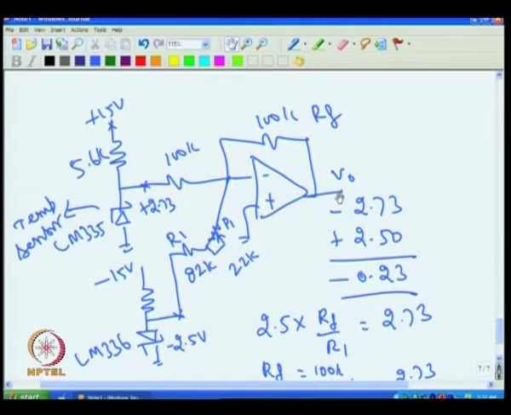Similarly, the other problem comes that when temperature goes to 100 degree C, then you may not get 3.73 exactly, it can have an error. Suppose it goes only to 3.72, then at 100 degree C, I will not get 1 volt, I will get only 0.99 volt, because the difference, the 10 millivolt, will be lost here, because this is having gain 1.